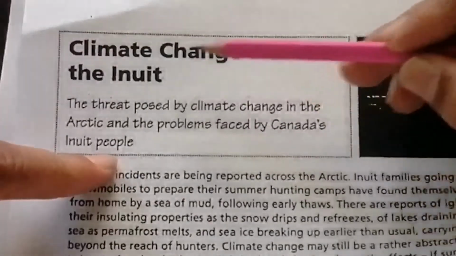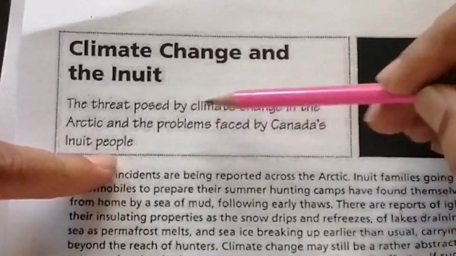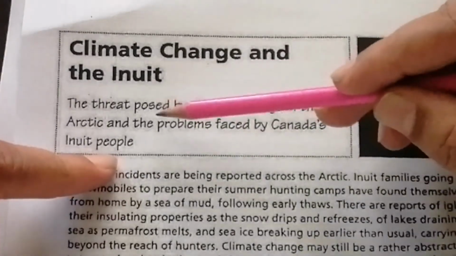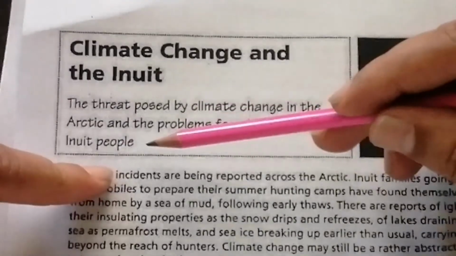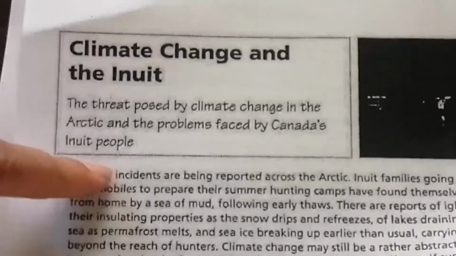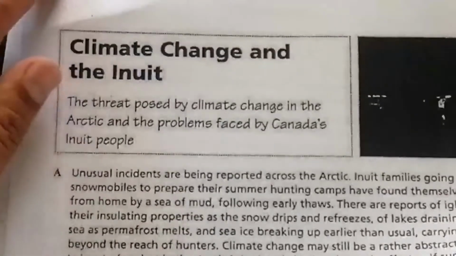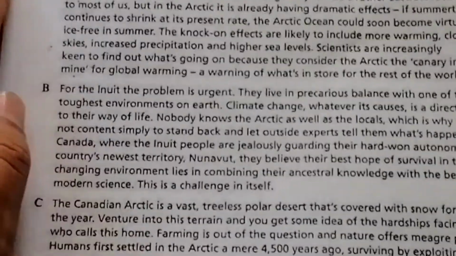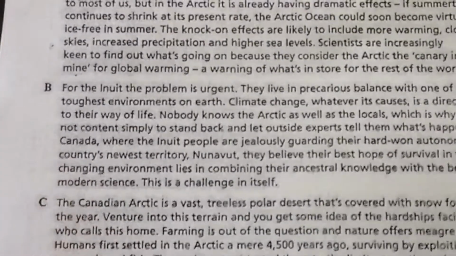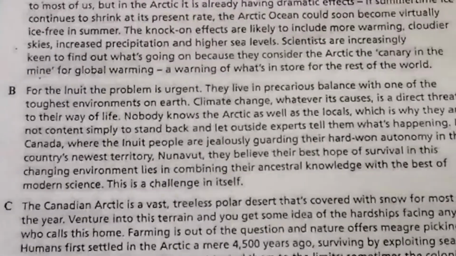Inuit is a tribe. The threat posed by climate change in the Arctic and the problems faced by Canada's Inuit people. So basically this passage is about climate change and the tribe named Inuit. So let's start paragraph B.